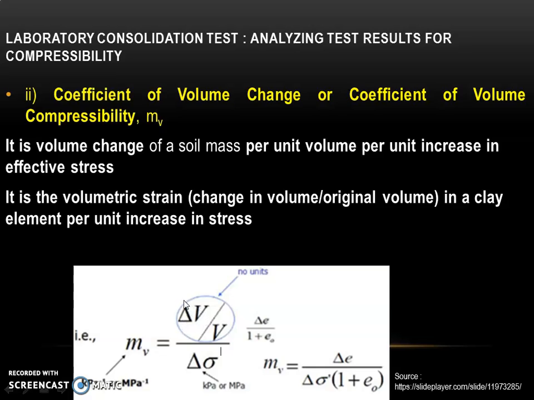We already know that delta V divided by V is equal to delta E, that is change in void ratio, divided by 1 plus E naught, where E naught is initial void ratio. So we can write the equation for MV as delta E divided by delta sigma V dash into 1 plus E naught.